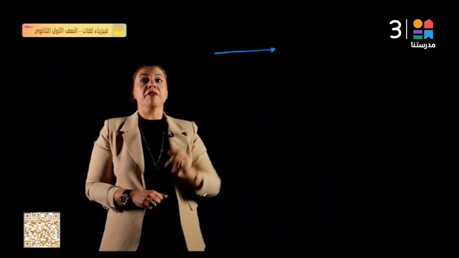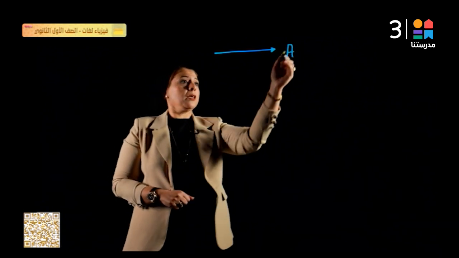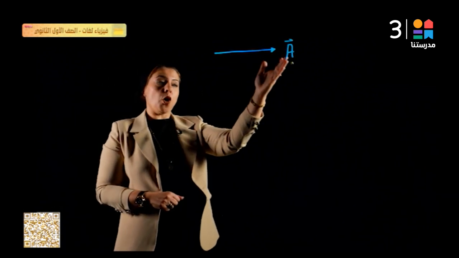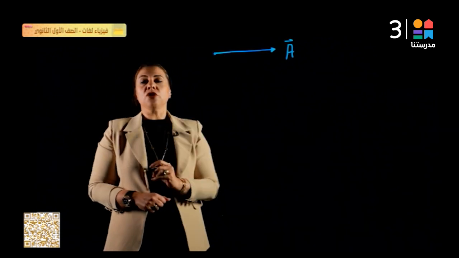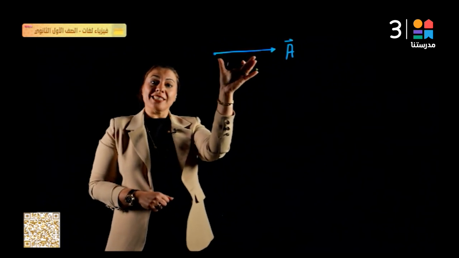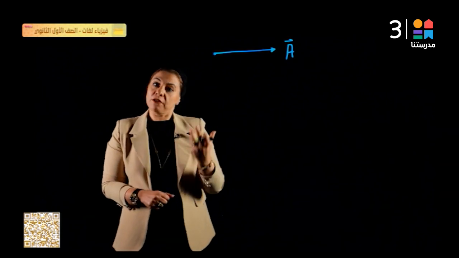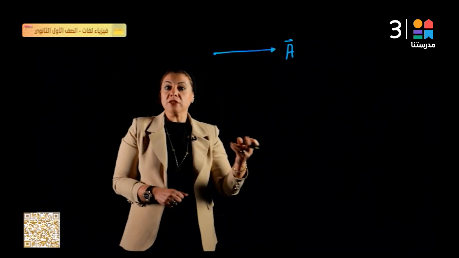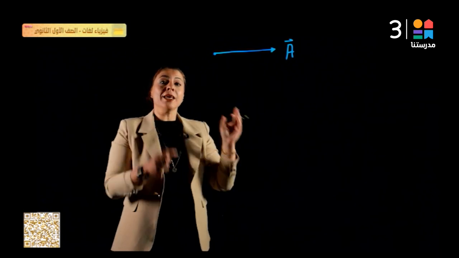This is the symbol of the vector, denoted by a bold letter, bold A, and we call it vector A. Vector A has an initial point or starting point, and the length of the straight segment is proportional to the magnitude of the vector, whatever this vector represents: velocity, force, acceleration, whatever.